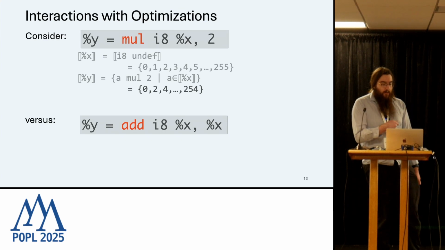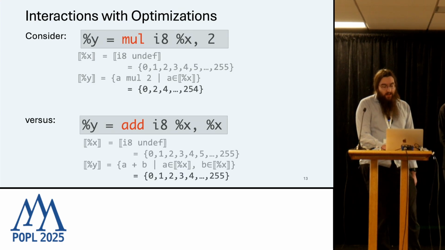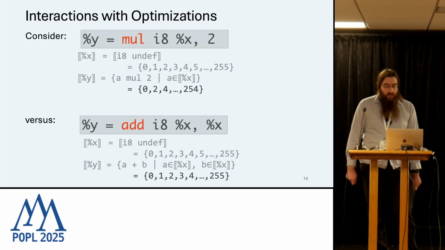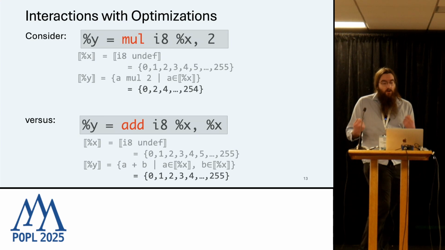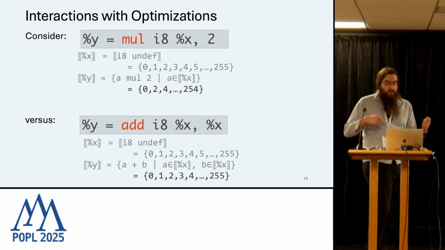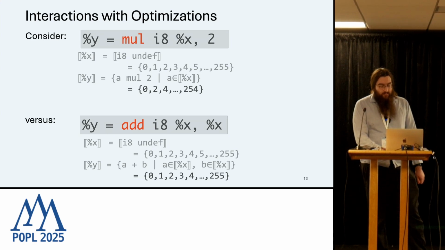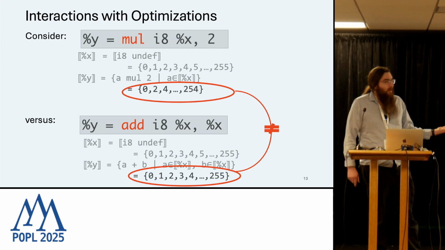Multiplying an undef value by 2 gives you a non-deterministic even number as a result, but adding an undef value to itself yields a non-deterministic set of all possible numbers, because the undef value can actually take on a different value at each usage. And so these results aren't equivalent, and these instructions therefore can't be used interchangeably.